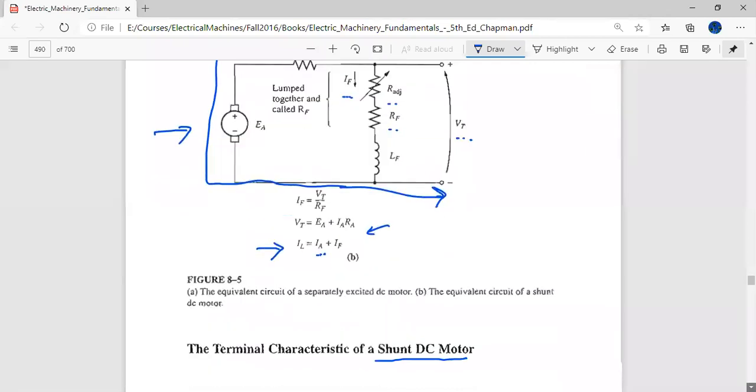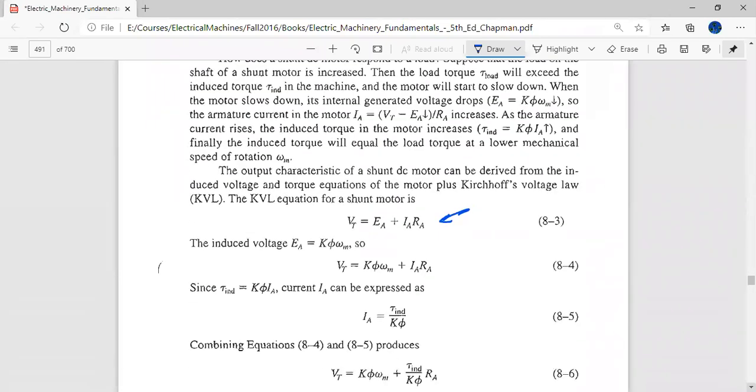So what next? After I write this equation, I can relate some of the quantities with the flux, the torque, and the rotational speed of the motor.